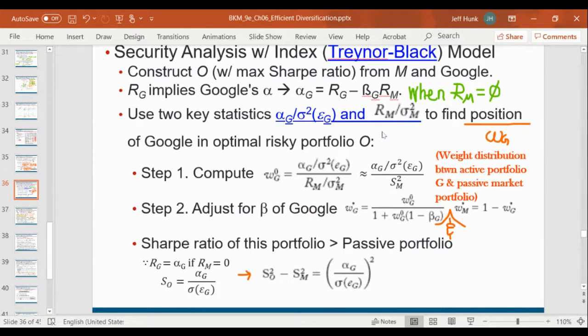And having the ratio greater than one makes it easier, as a metric, to tell whether it meets the criteria or not.